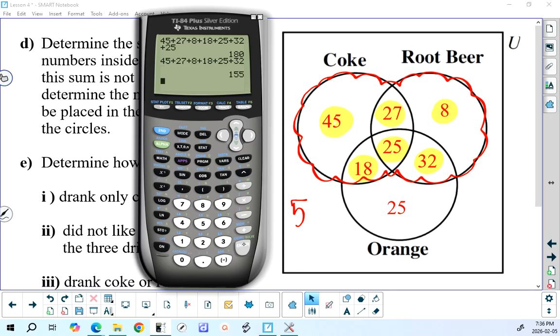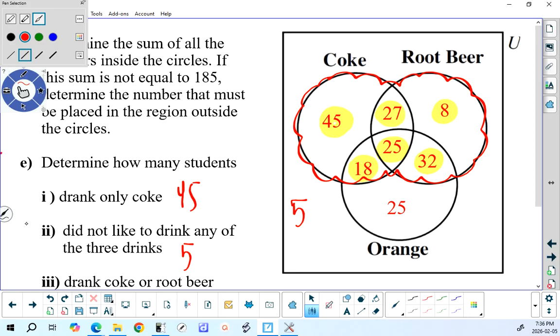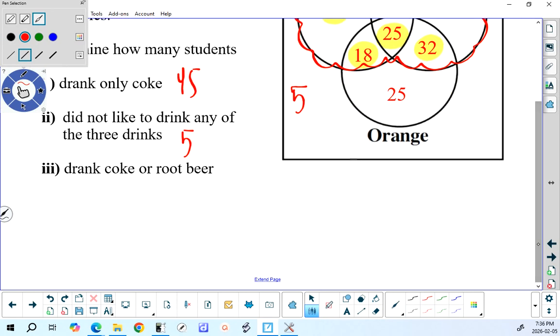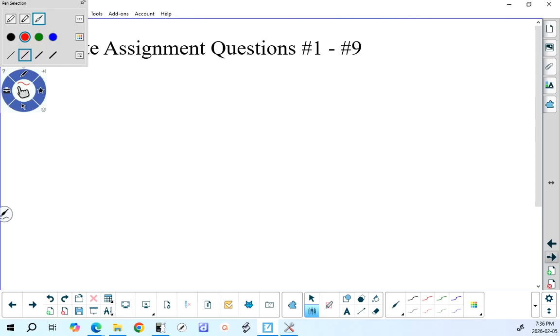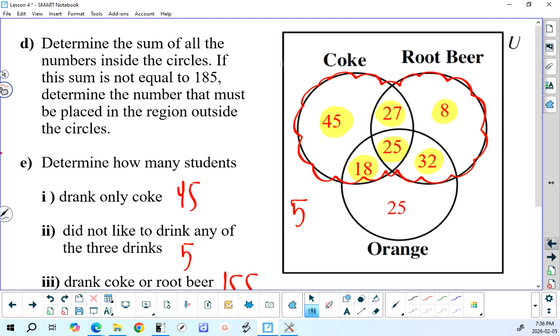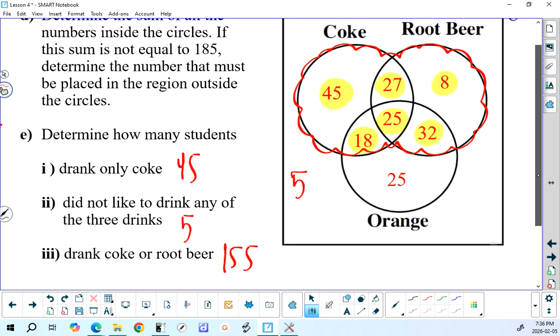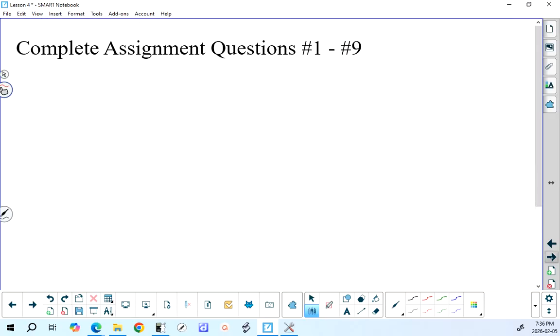Yeah, 155. That's it. As I said to begin with, I just want to double check that's bothering me here. 155, not like to drink any of the three, only Coke. No, I think we're okay. I mean, you make mistakes, right? So I just wanted to double check.